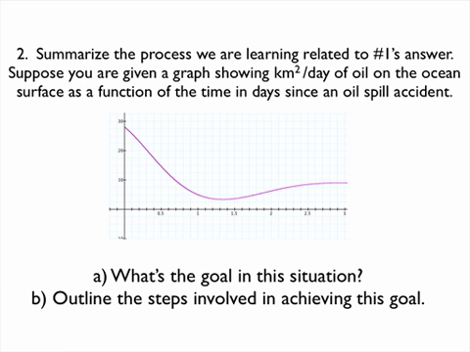Right? So that's accumulation. Whether that's an amount of accumulation, say at 3 days, or a function of accumulation, meaning the function would tell us how much is accumulated at any point in time. Okay? So that's our goal, the accumulation of, in this case, area of oil on the ocean.